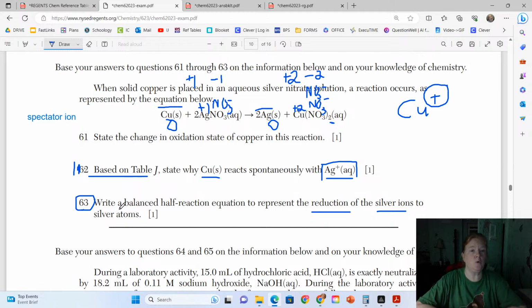Okay, so what I'm going to do is use that equation and pull out everything related to silver. Is Cu silver? No, skip it. Is Ag. Now, I said this before, but I'm going to say it again. This too has nothing to do with the redox. It's just balancing the equation. So I'm going to leave it off because it's going to make my life simpler.